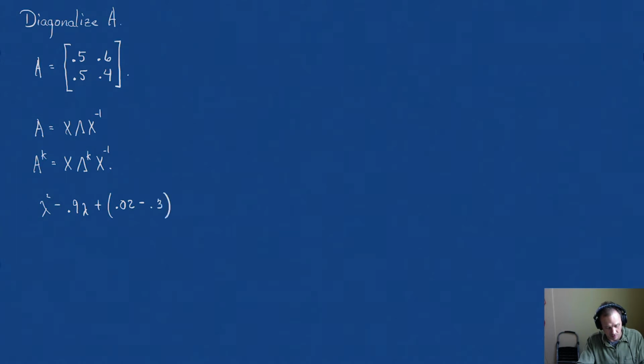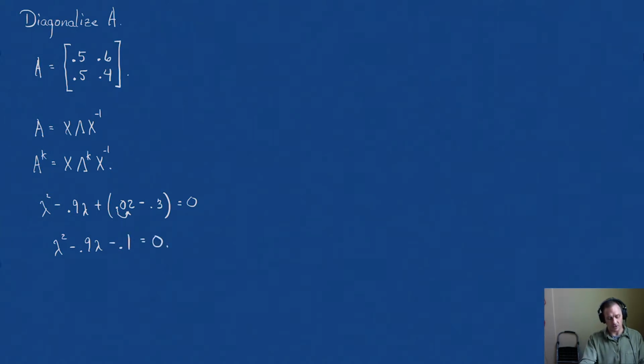Sorry, I'm having a total brain fart there. Equals 0. All right, so I have lambda squared minus 0.9 lambda, 0.2 minus 0.3 is minus 0.1, equals 0.